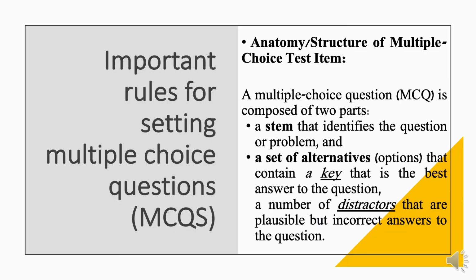Let us quickly look at important rules for setting multiple choice questions. Let's look at the anatomy of a multiple choice test item. A multiple choice question is composed of two parts: a stem that identifies the question or problem, and a set of alternatives, also known as options.